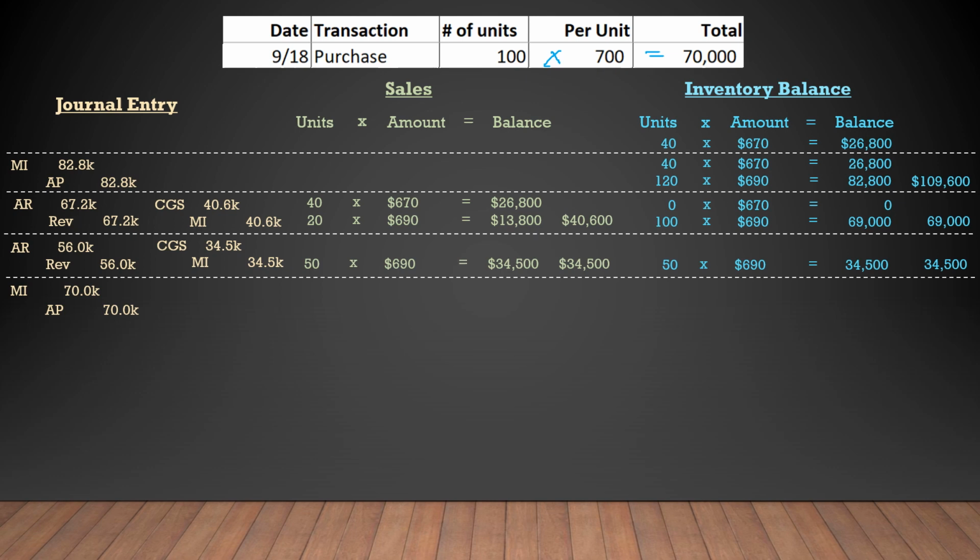Now we have a new inventory layer to add to our previous one of 50 units at $690 per unit. Add in that $70,000 worth of merchandise inventory, and we have a new merchandise inventory balance of $104,500.